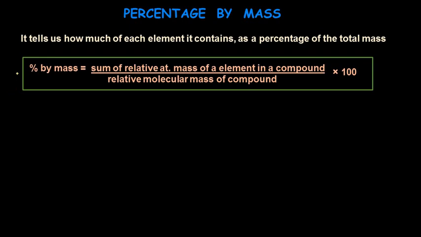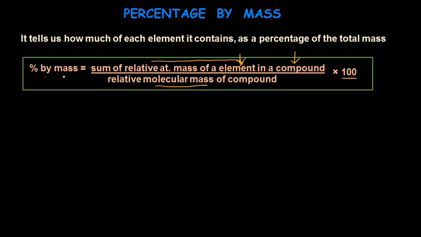In a compound, there may be 2 or more elements present. So to calculate the percentage by mass of an element, we need to sum the relative atomic mass of that element in the compound and divide it by the relative molecular mass of that compound, multiplying it by 100.